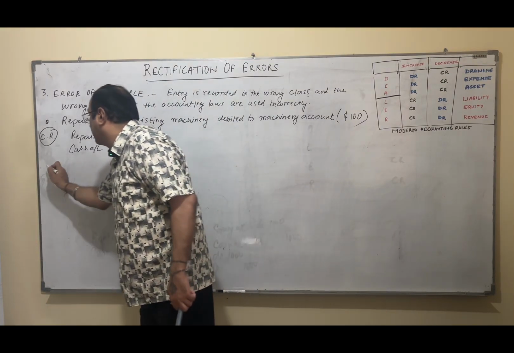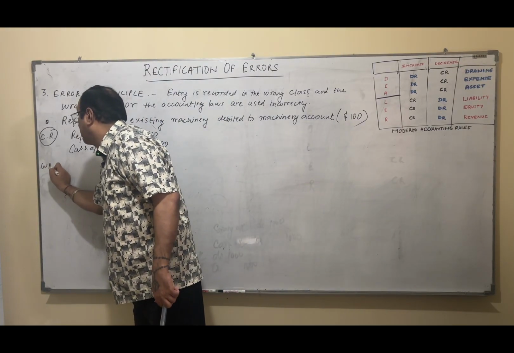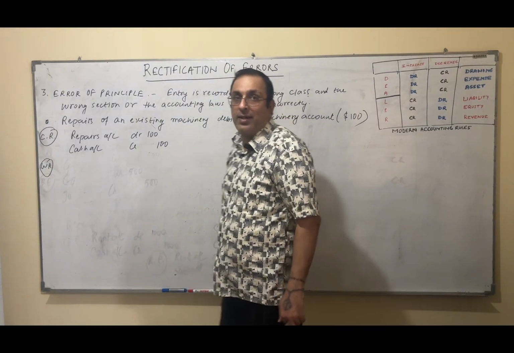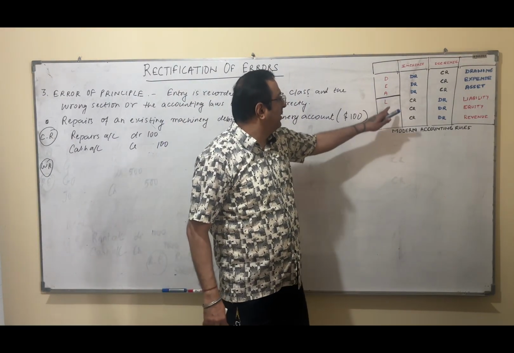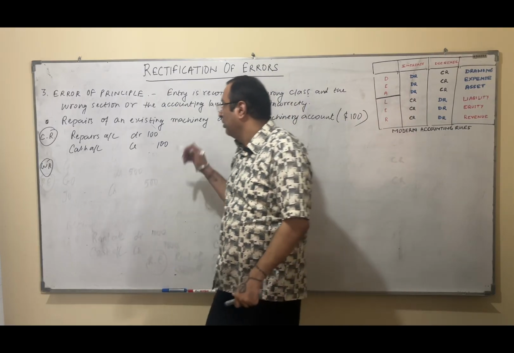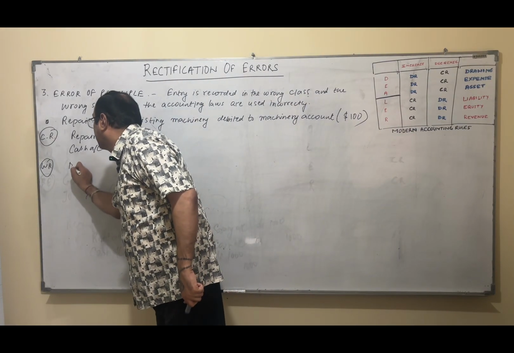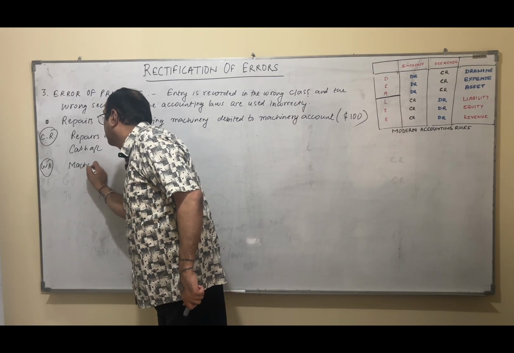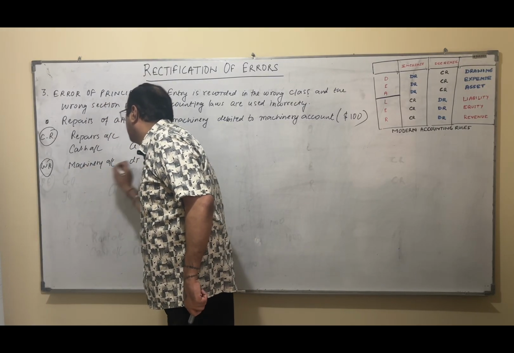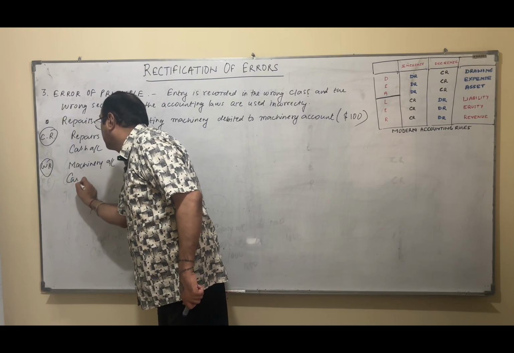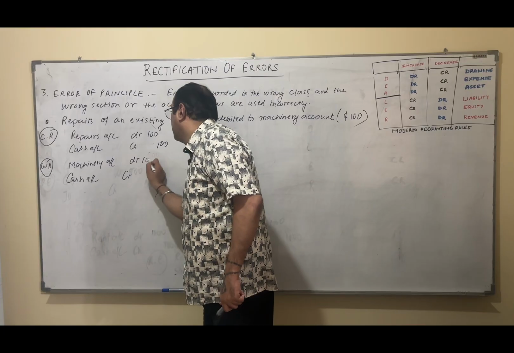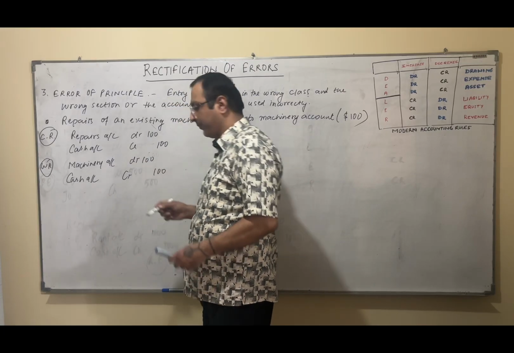This is the correct entry. Wrong entry. What mistake we have done? We have added to the cost. We have increased the asset, and we know that increase in asset is always debit. So we have done machinery account debit, cash account credit. This is the mistake we have done.